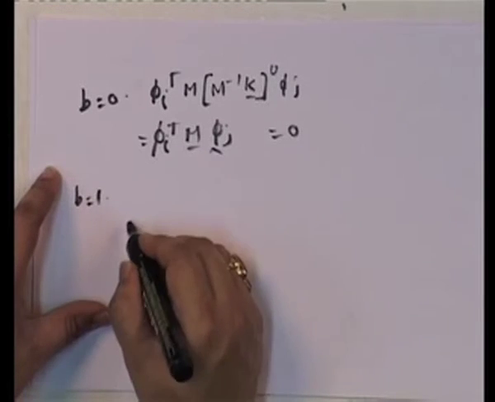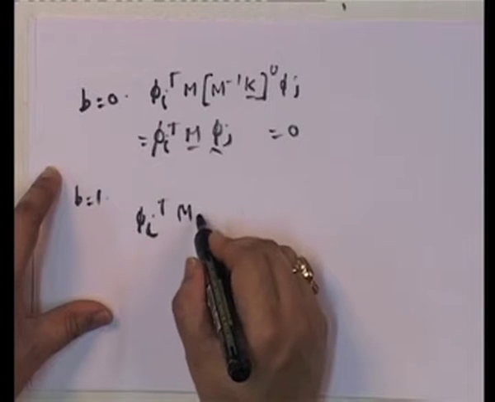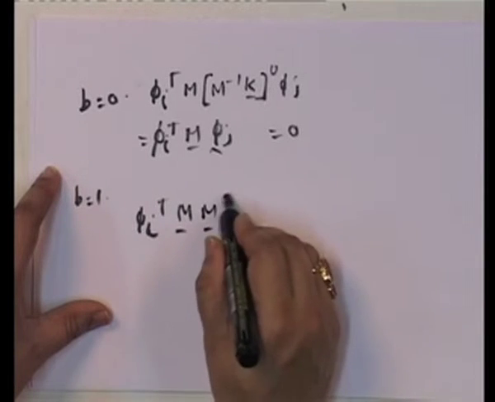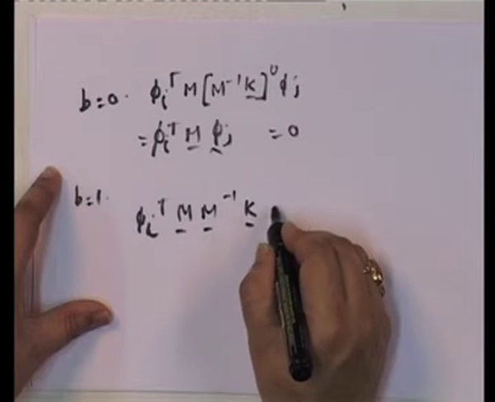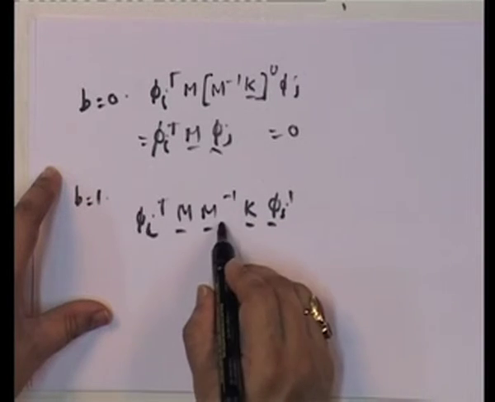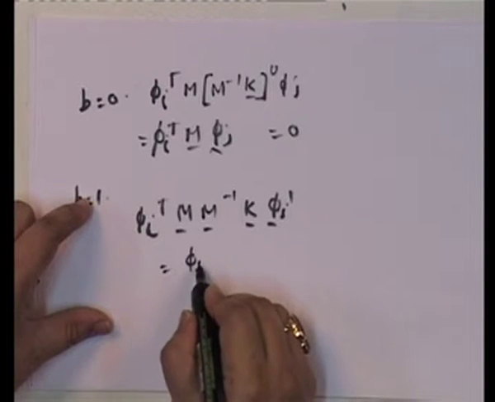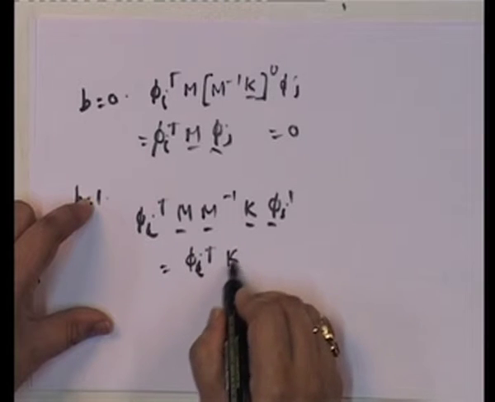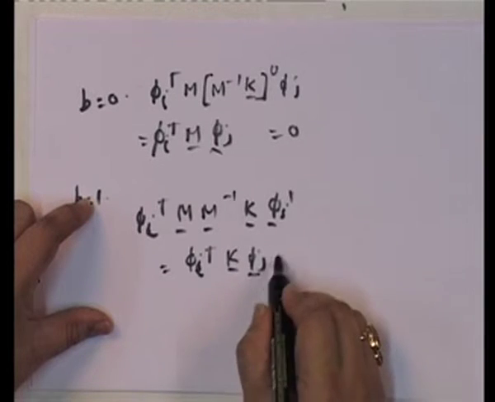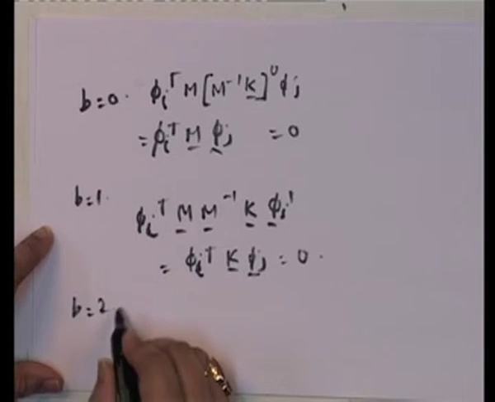For b equal to 1, phi I transpose M into M inverse K into phi j. What is M into M inverse? It is I, into K. So, this is equal to phi I transpose K phi j, which we know is equal to 0.